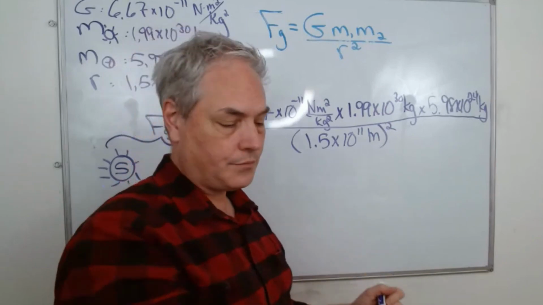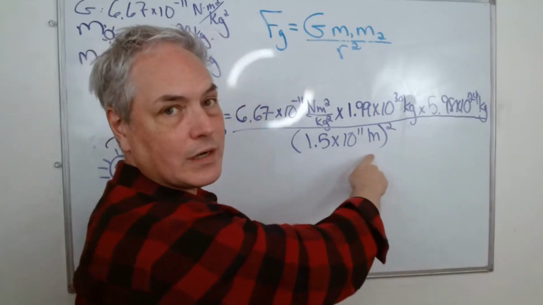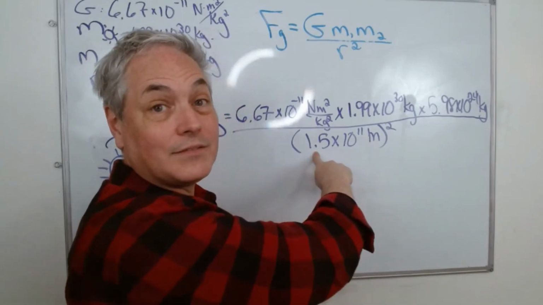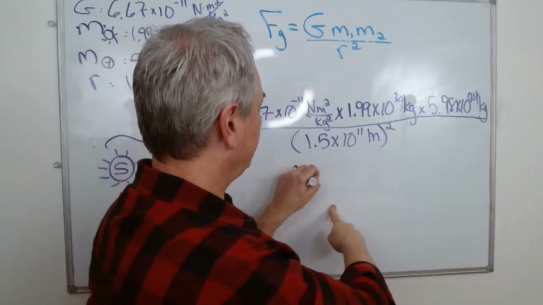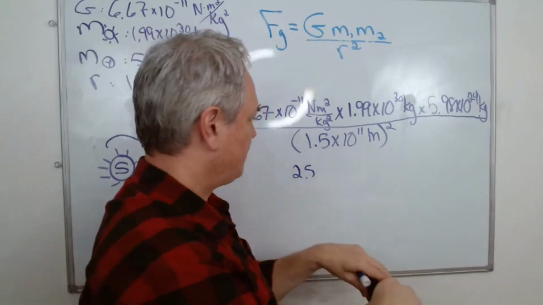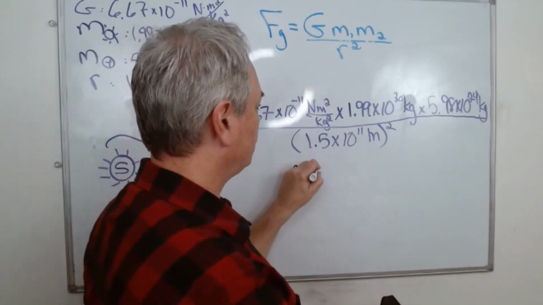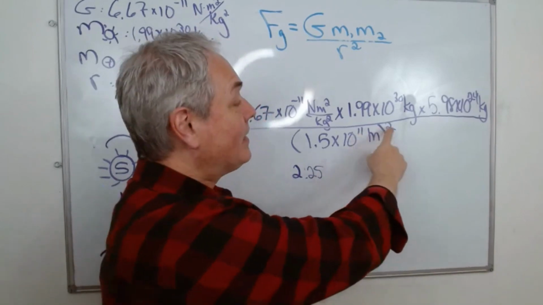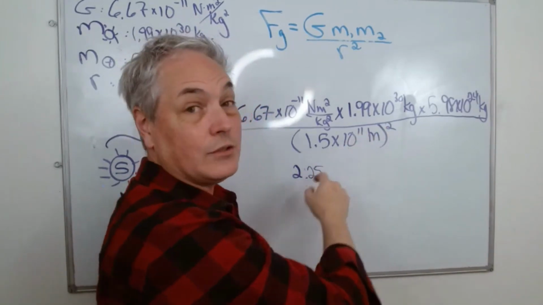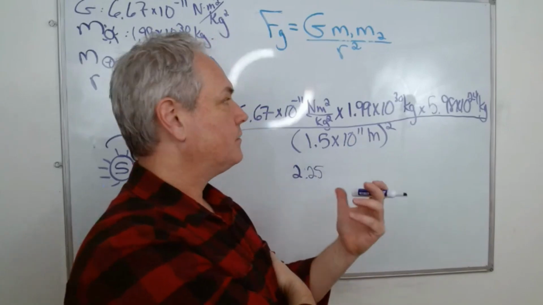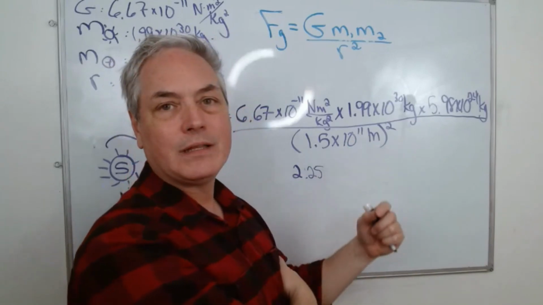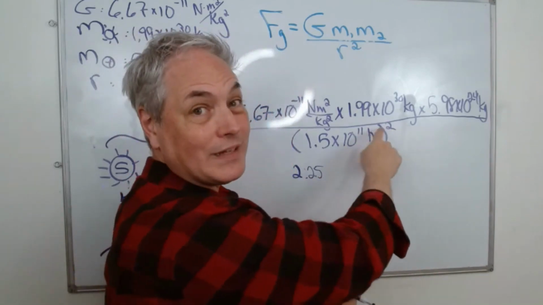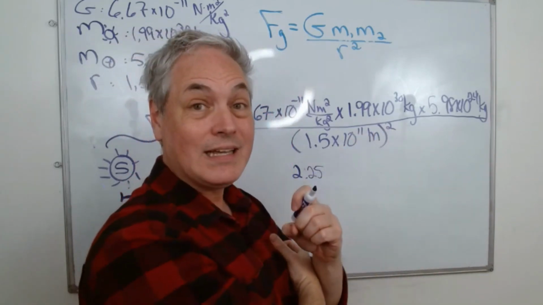When you are squaring this number, you multiply this number by itself. That means that 1.5 times 1.5 is 2.5. It's a bit less than this, it is 2.25. If you have 10 to the power 11 squared, then we're using the exponents law. When we have an exponent of an exponent, we multiply the powers.